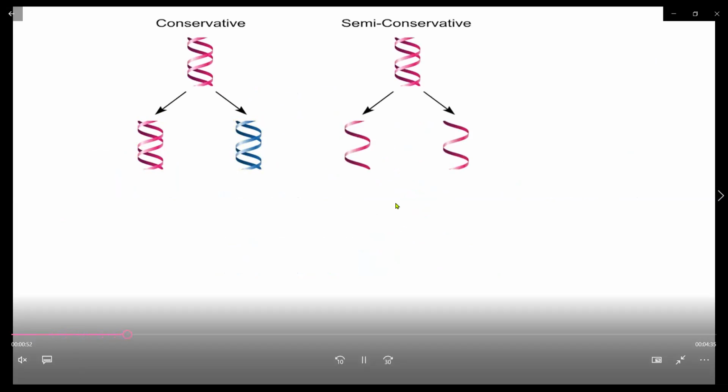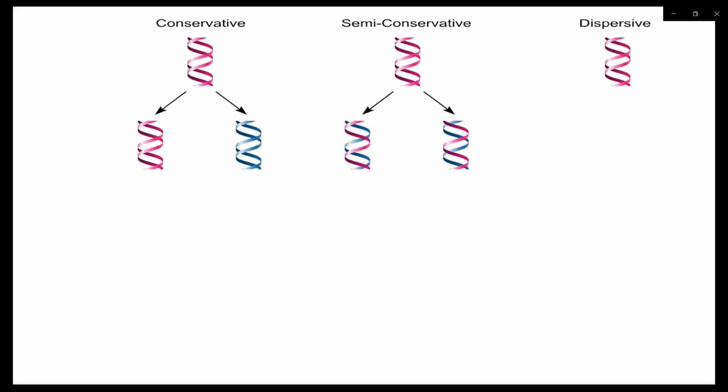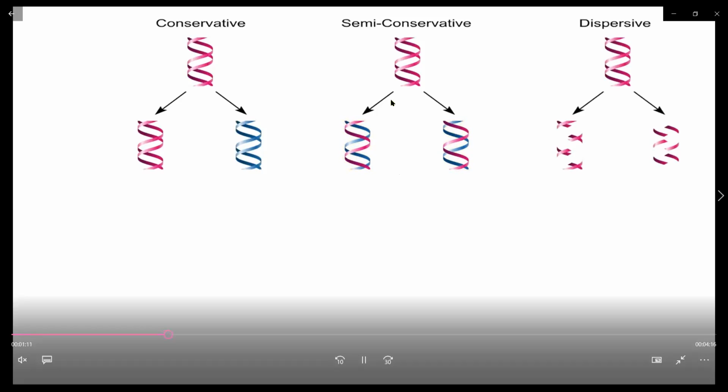As you can see in the semi-conservative mode, the two mother strands separate and a daughter is synthesized on the mother strand. And finally, we have one strand daughter and one strand mother. Dispersive mode, as you can see, the mother strands are fragmented, and on the fragmented mother strands, based on the information, the new daughter strands are then synthesized.